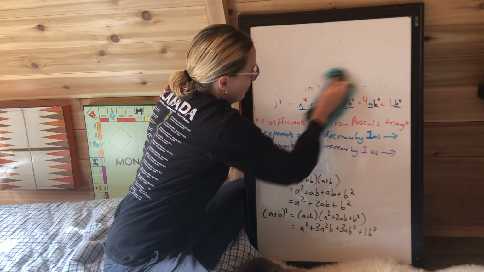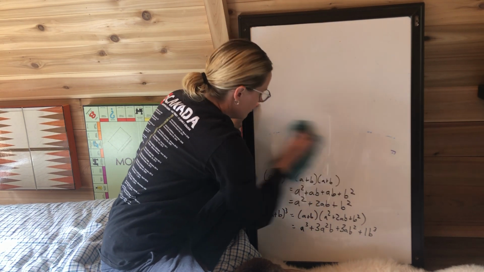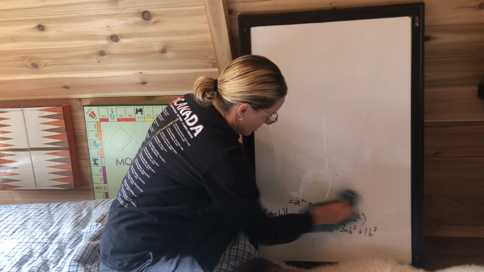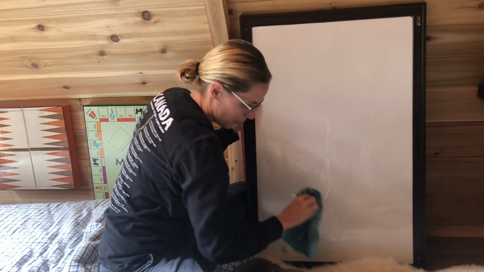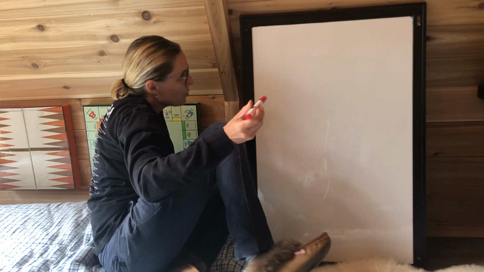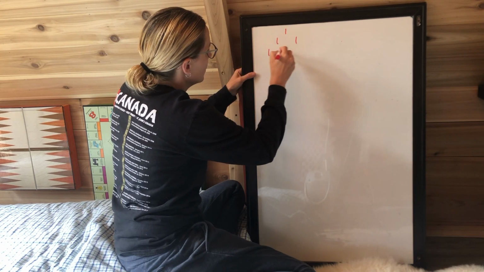So, as we go across here, what I want you to realize is there's a direct link between the numbers in Pascal's triangle. I'll do those in red again that we just did. 1, 1, 1.